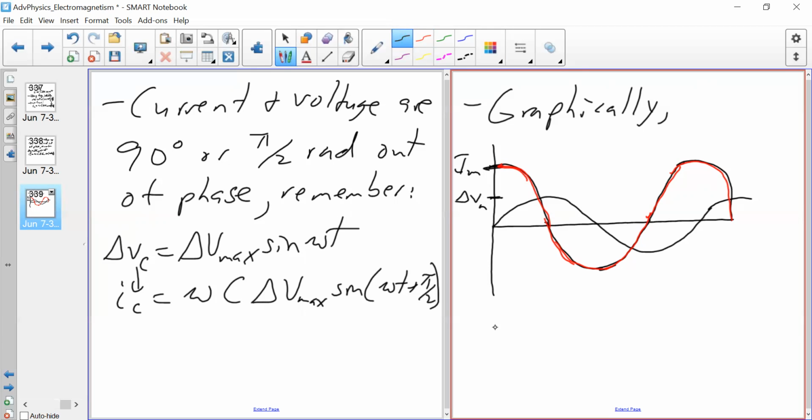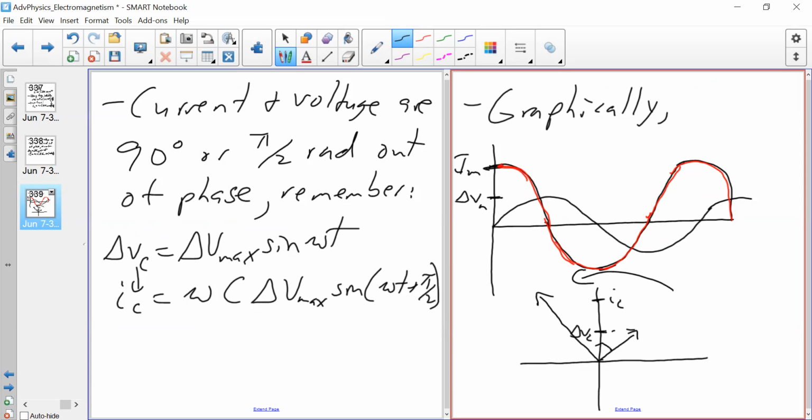Then we have our phasor diagram that depicts the same thing. Let me erase this. So if I have my delta V max as usual, this is going to be the maximum voltage in the capacitor. And then here will be my current after the capacitor discharges. And so that's going to lead, because remember, this is a whole unit circle action.